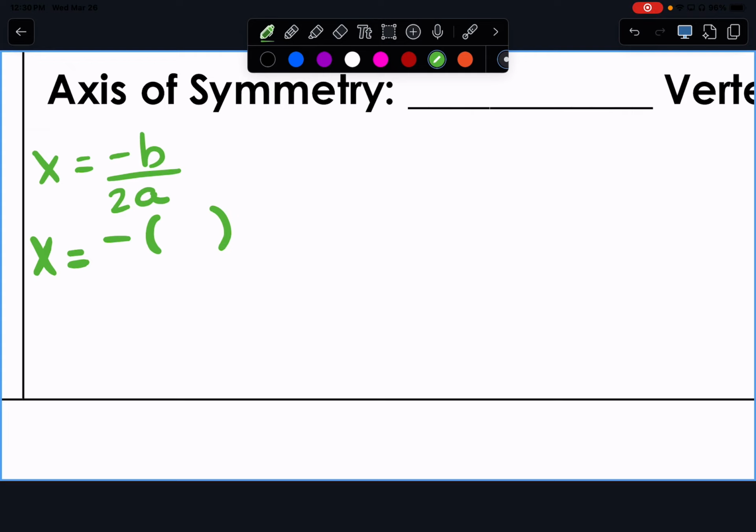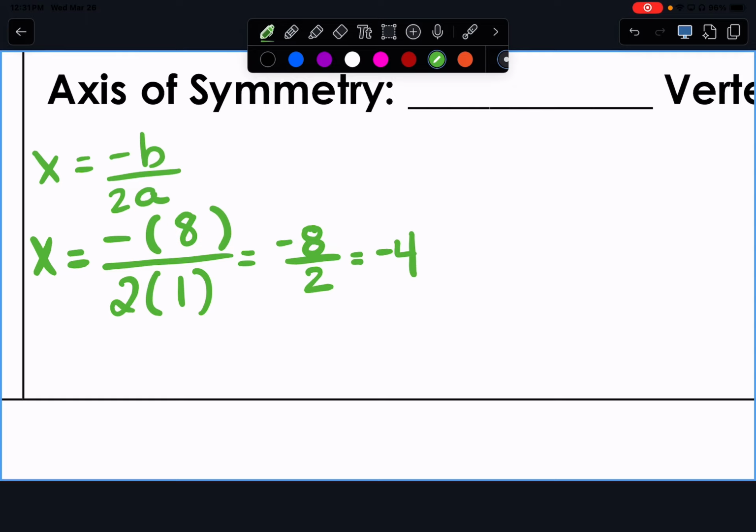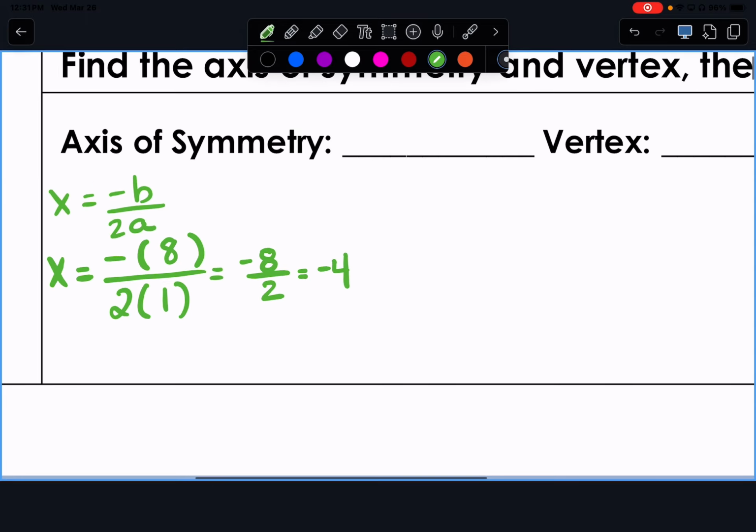Otherwise, you can make sign errors. What is b? We just said it. Over 2 times a. What was a? And so that right there is what we got to evaluate. So we get negative 8 over 2, which is? So for our axis of symmetry, we get x is equal to negative 4.